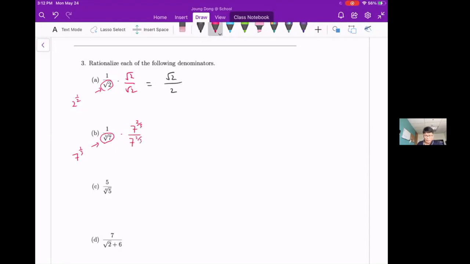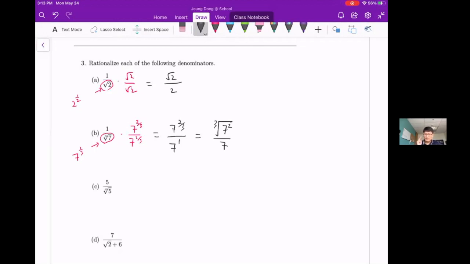Look at the denominator: 7 to the 1/3 times 7 to the 2/3 is 7 to the 1. Is that clear? So this one is 7 to the 2/3 over 7 to the 1. For the numerator, we can write it in radical form, which is the third root of 7 squared over 7. That is another skill for rationalizing the denominator.